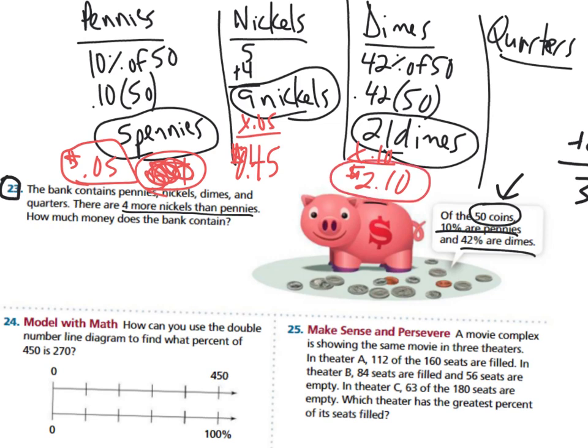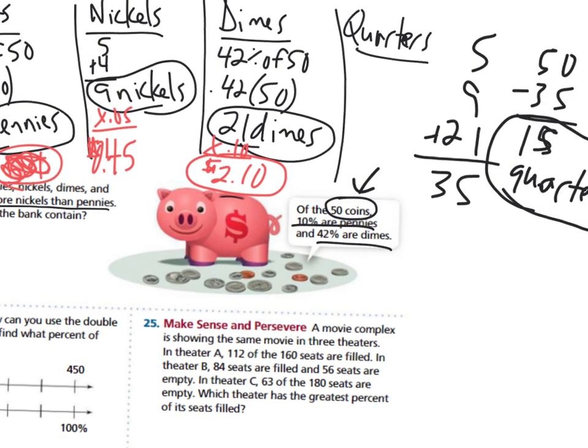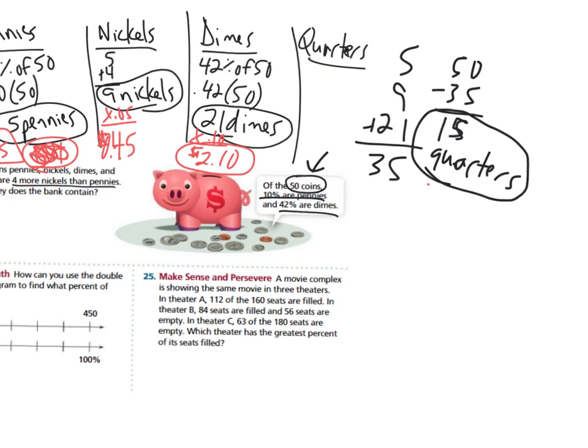With our dimes, and then the quarters, we had 15 quarters, so 15 times 0.25, and that's $3.75. So now we just add those together.